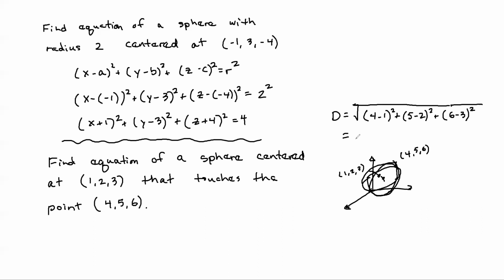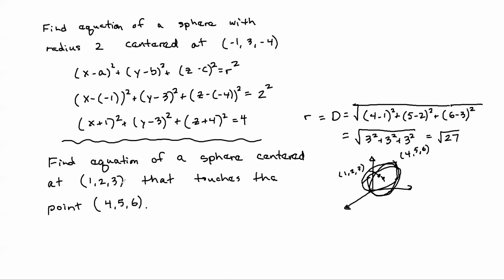So that's going to give us the square root of 3² + 3² + 3², which is the square root of 27. So we have the distance between the center and the edge, otherwise known as the radius. So the radius is the square root of 27.